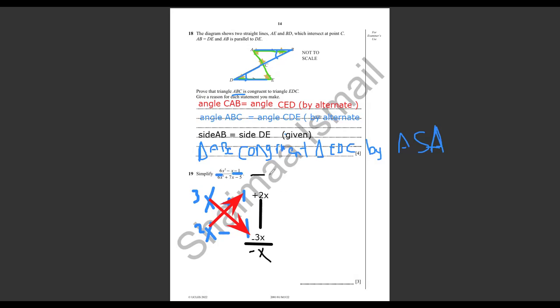So here we can factorize the numerator to 3x plus 1 multiplied by 2x minus. And the denominator here, it will be also, let's factorize it here.